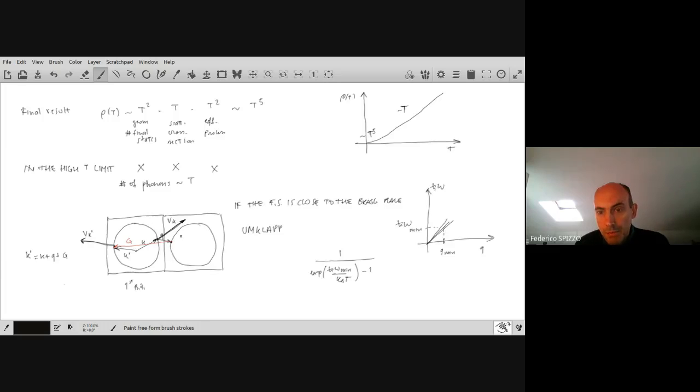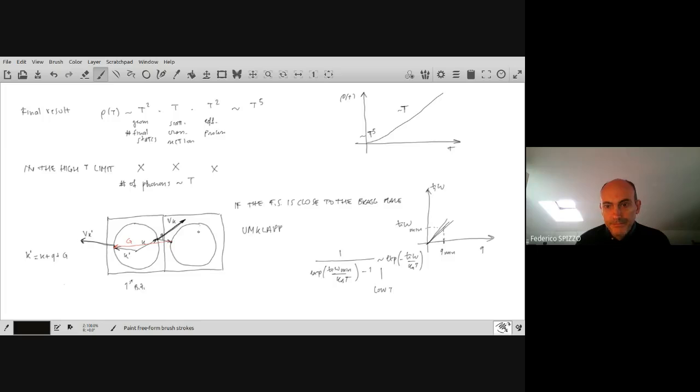So at that point, that is a fixed value. If the temperature decreases, then you have that this term here is the dominating one with respect to minus 1. So you have that at low temperature, this is the exponential of minus h bar omega divided by kBT. So the contribution of this kind of processes is exponentially depressed as the temperature decreases.